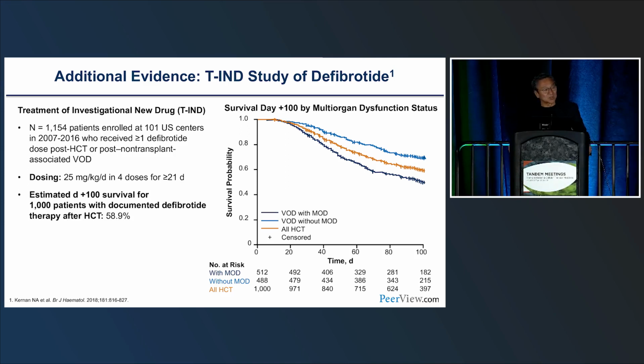The dosing was the standard dosing, which was 25 milligrams per kilo a day in 4 doses for 21 or more days, and they looked at estimated survival. The estimated day 100 survival was almost 60%, but clearly a major difference if you had multi-organ dysfunction versus no multi-organ dysfunction. Obviously, if you don't have organ damage, then you would certainly have a chance of doing much better.